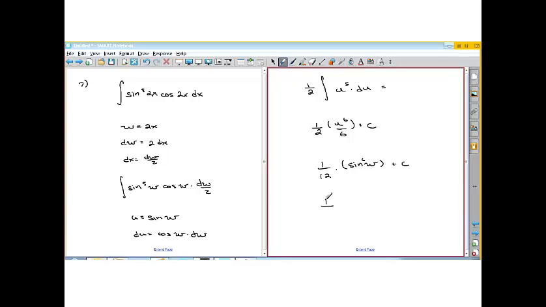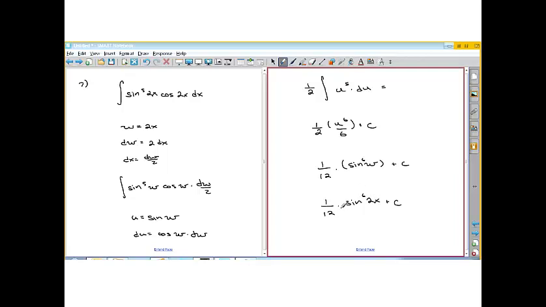And then we do the second substitution, where w is equal to 2x. So the original expression was sine to the fifth 2x. The result is sine to the sixth 2x.